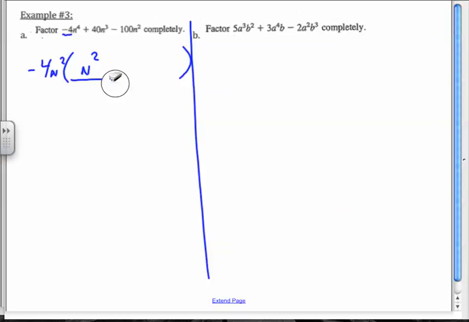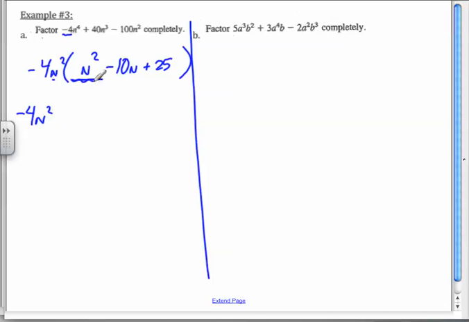Then negative 4n squared times what gives me positive 40n cubed? Well, negative 10n would give me positive 40n cubed, and positive 25, and that's it, not n squared, because I've got that out front.